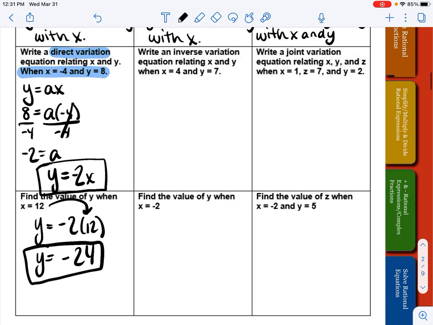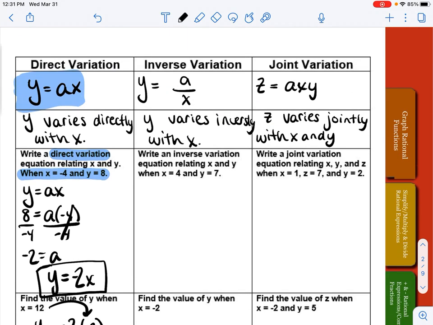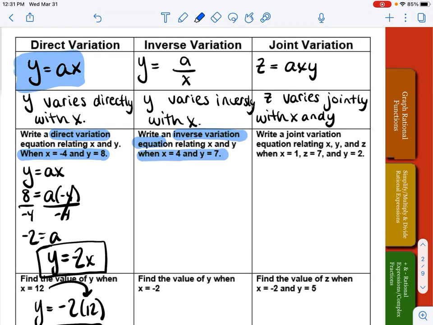We can do the same thing with inverse variation. We want to write an inverse variation equation relating x and y when x is 4, y is 7. So we can go ahead and say y equals a divided by x. This is inverse variation.